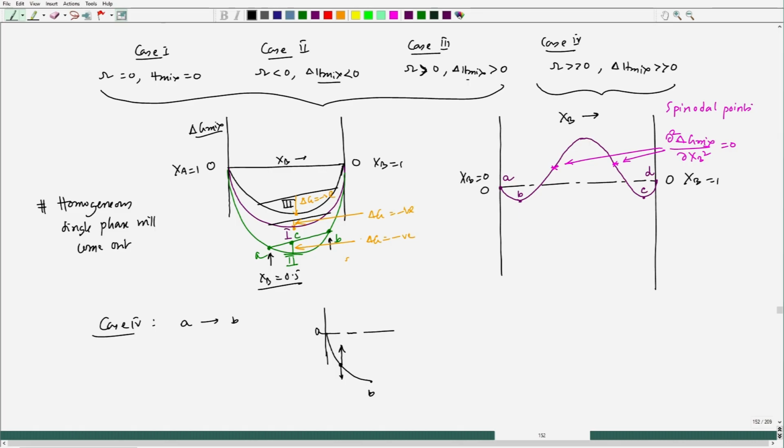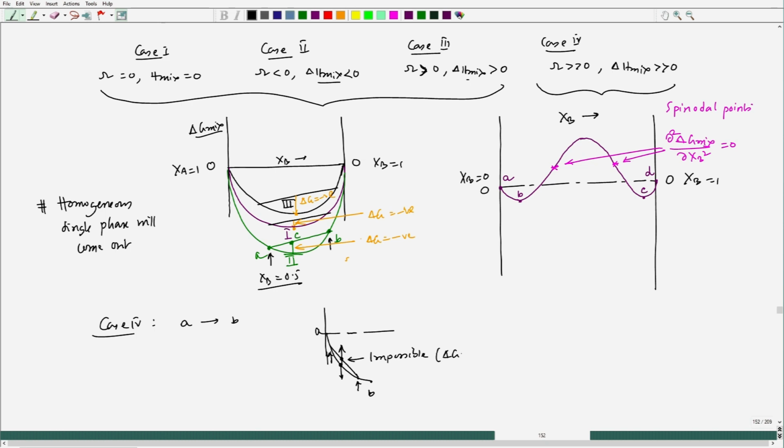Now, if I go upward, I can go to this level, and then there could be a possibility of distributing into these two composition solutions, but that is impossible. So, this process is impossible. Why?